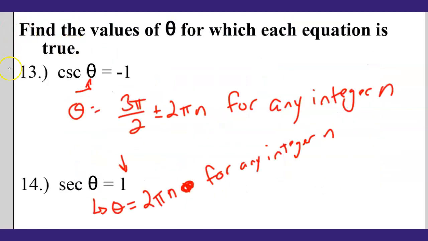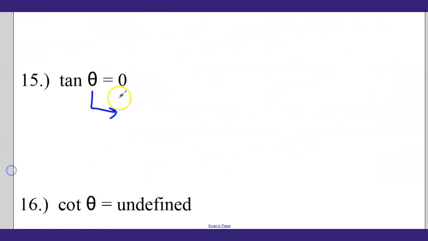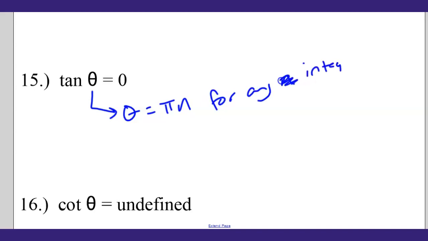So that means theta equals any pi n for any integer n. 1 pi, 2 pi, 3 pi, 4 pi, 5 pi, 7 pi, 9 pi, there's a theta.